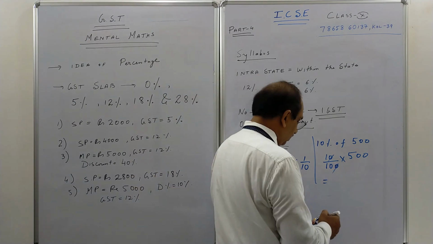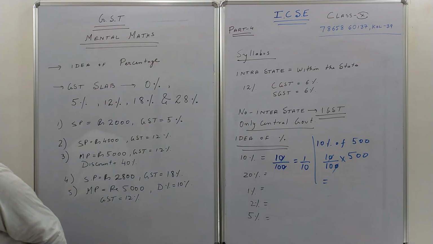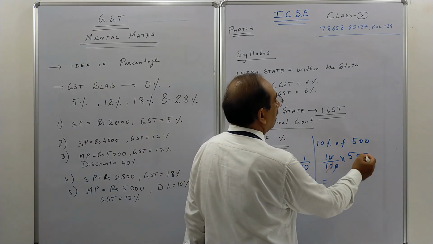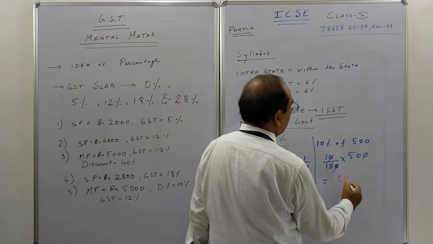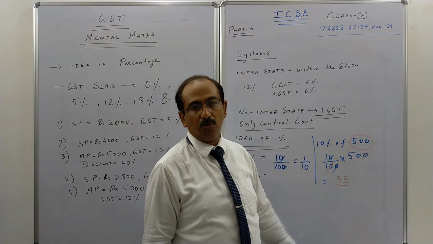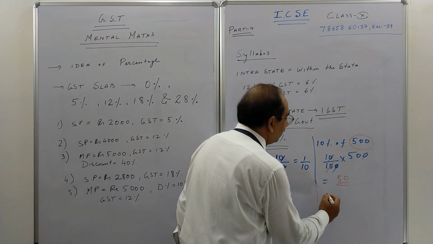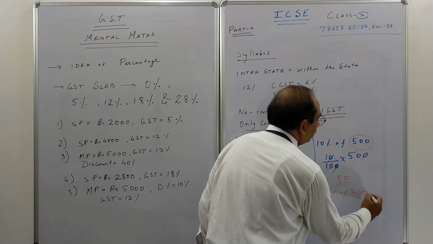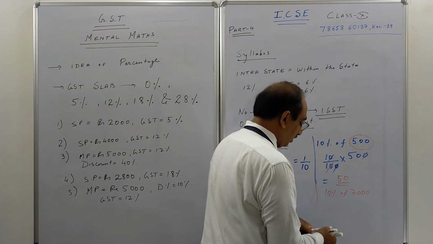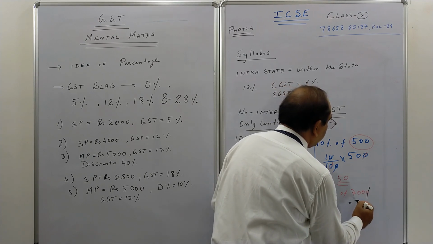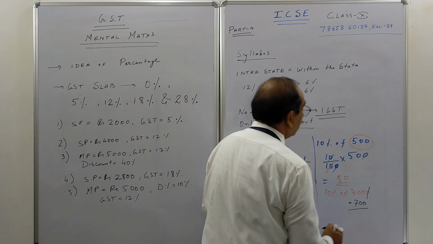If you have to do it directly, we know 10% is 1/10, we just remove one 0. See here, children, I'll use a different color pen. So 10% means one 0 goes. So directly, 10% of 500, you remove one 0. You will say, sir, if it is 7,000, 10% of 7,000, the answer will be, you remove one 0, it will be 700.